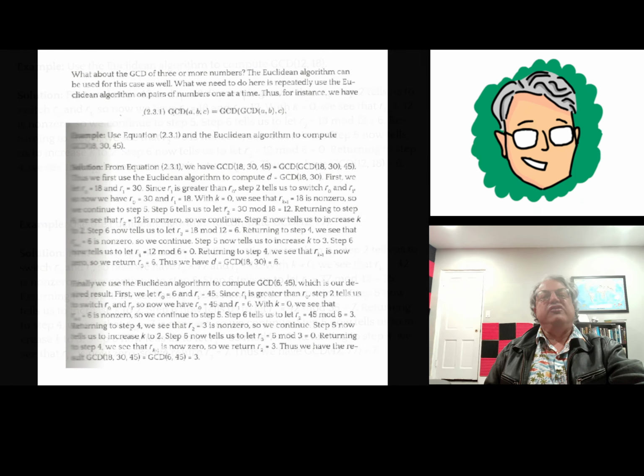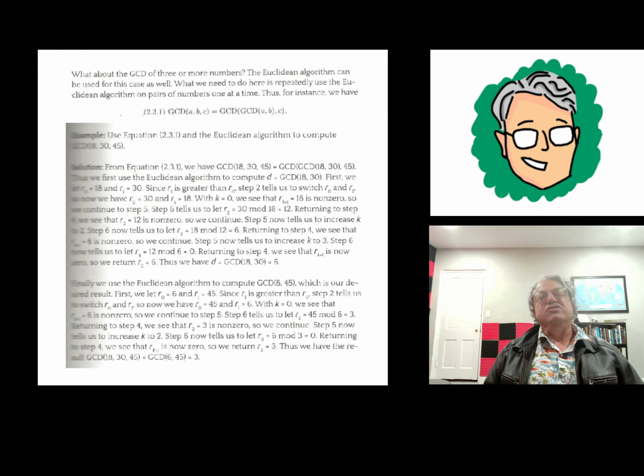And there's just one more thing I want to talk about. You can do this with more than two numbers, too. I give a couple examples, and in the first example I give three numbers. Suppose we wanted to calculate the GCD of 18, 30, and 45. This is a little hard to read; I didn't copy too well.